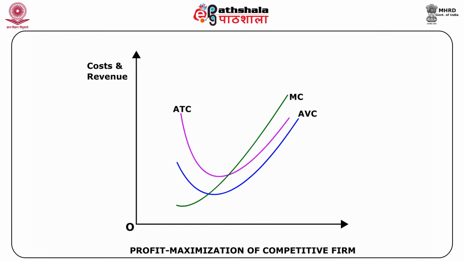The figure also shows a horizontal line at the market price P. The price line is horizontal because the firm is a price taker. The price of the firm's output is the same no matter what the quantity the firm decides to produce. For a competitive firm, the firm's price equals both its average revenue and its marginal revenue.